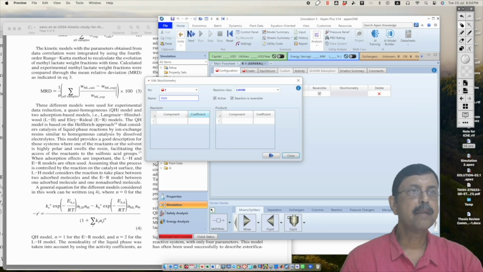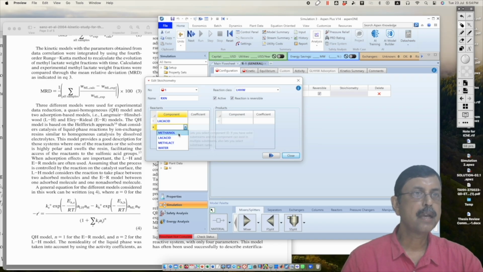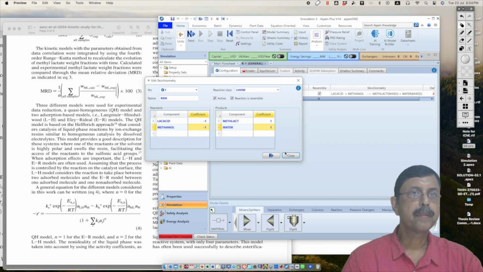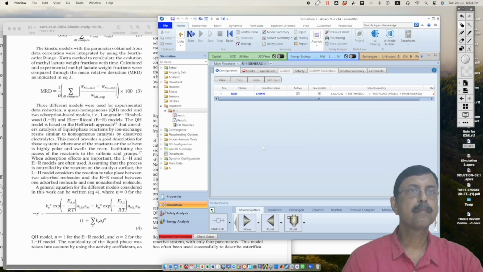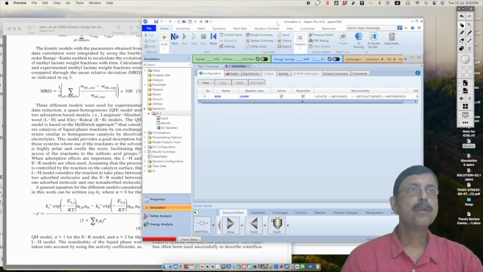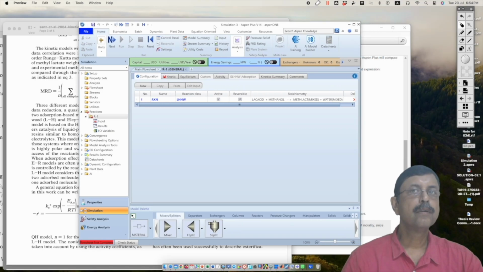Let us give a name, reaction, and this is lactic acid and methanol that produces methyl lactate and water.